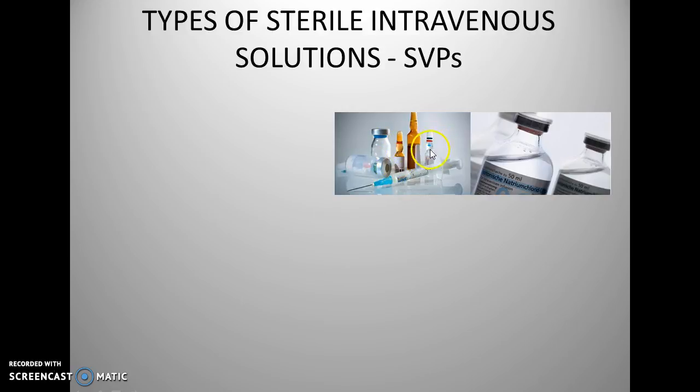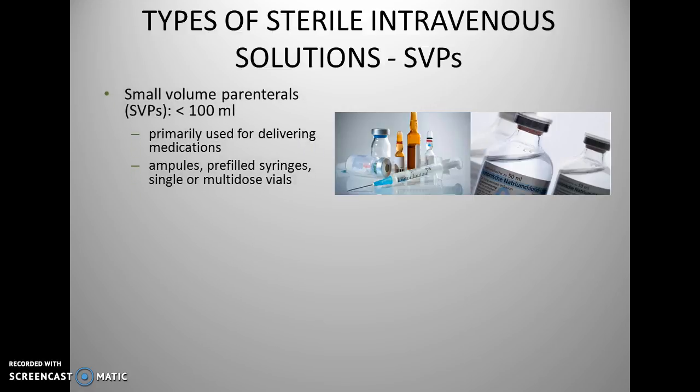You just have them in vials, okay? Vials here, you can have that in the syringe. And these are all important ways of getting medication into the individual, but they have to be sterile. So these are primarily used to deliver medication. These could be ampules, as you see here, pre-filled syringes, as you see here, or multi-dose or single-dose vials, as you can see here.